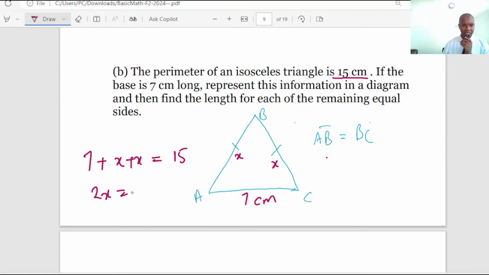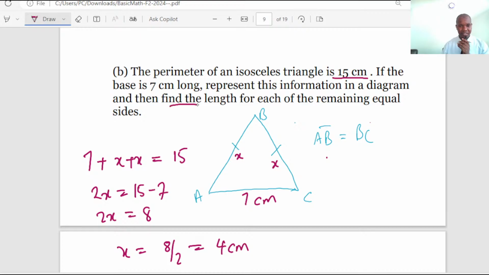So 2x will be 15 minus 7. 2x will be 8. And eventually x will be 8 divided by 2, which is 4 centimeter. So the question says that find the length of each of the remaining equal sides. So the length of each remaining equal side is 4 centimeter, dear students.